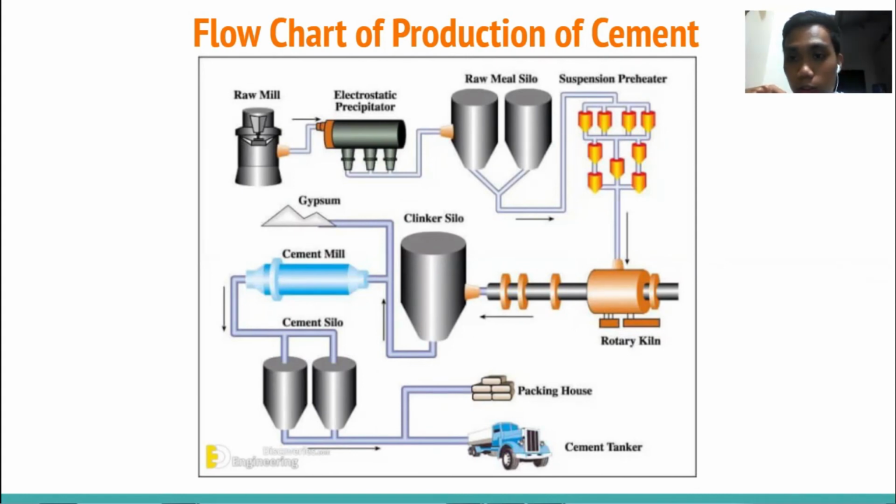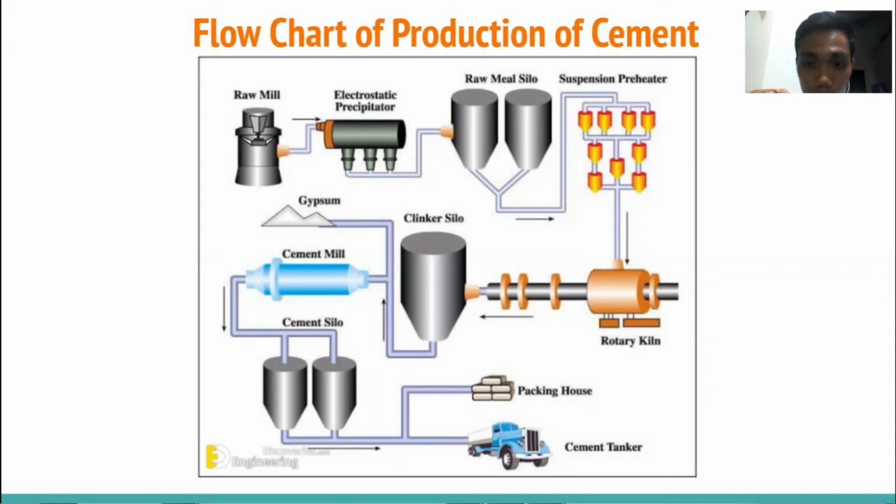These preheaters utilize the hot gases from the kiln. As we all know, this allows the material to already be in a high temperature before entering the kiln, reducing the amount of coal burned as well as the carbon emitted.